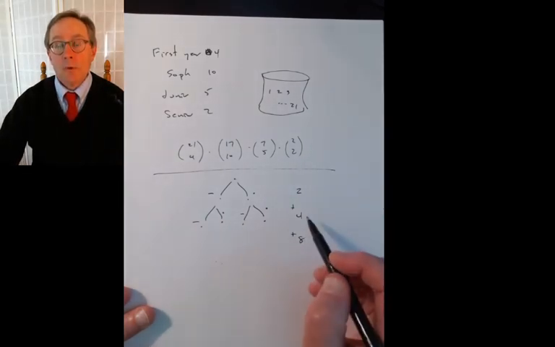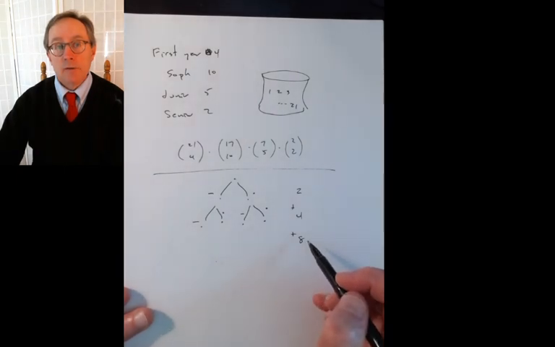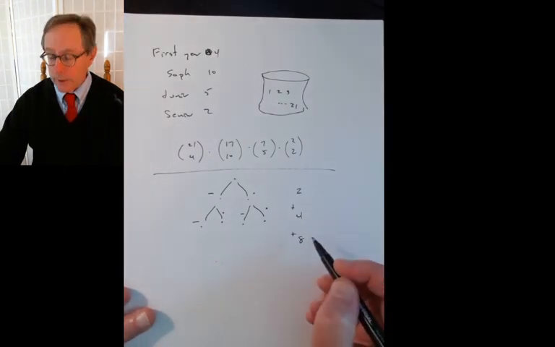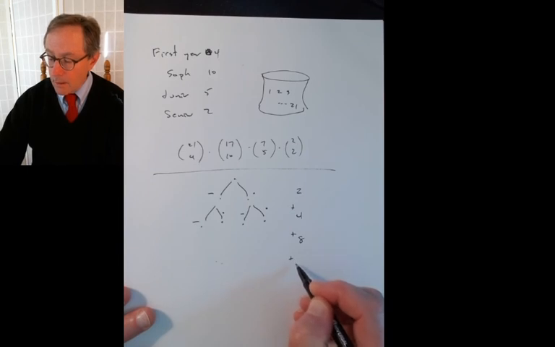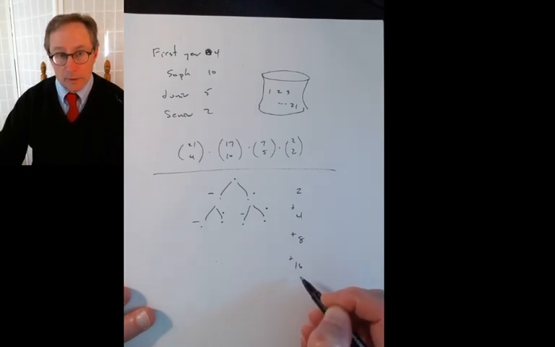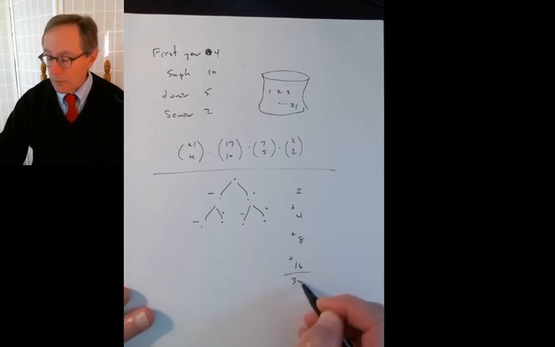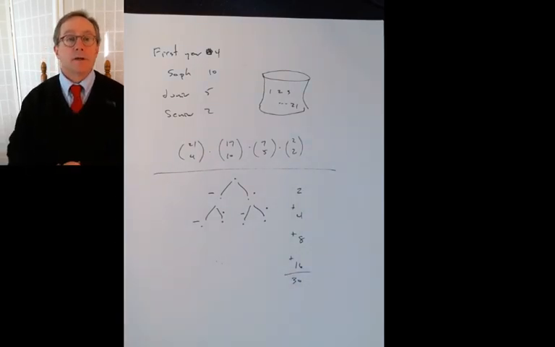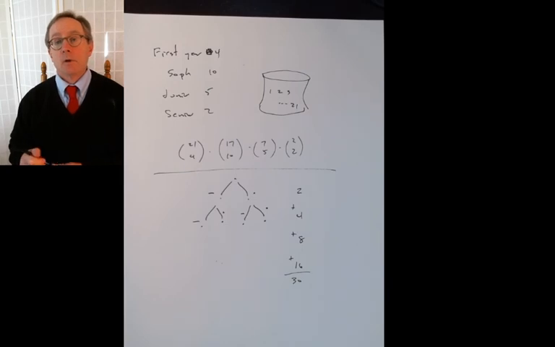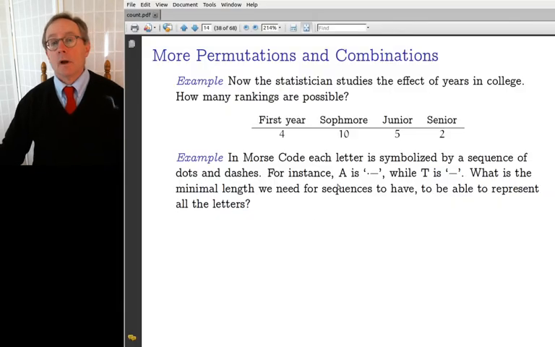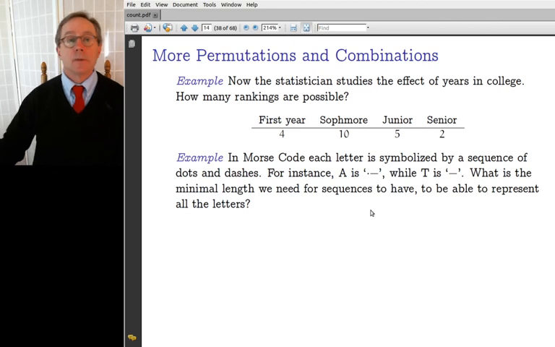So 2 and 4 is 6, and 8 is going to be 14. 14 and 16 is going to be 30, and that's enough. I've got all 26 letters with some to spare. So in fact, you only need to go to length 4. What is the minimal length we need for sequences to have? The answer is 4, and there's some to spare.